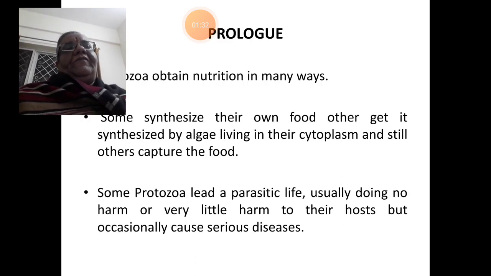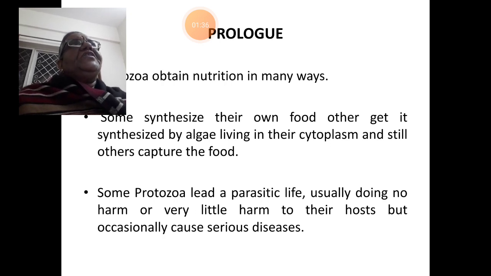Okay. Now, Protozoa obtain nutrition in many ways.